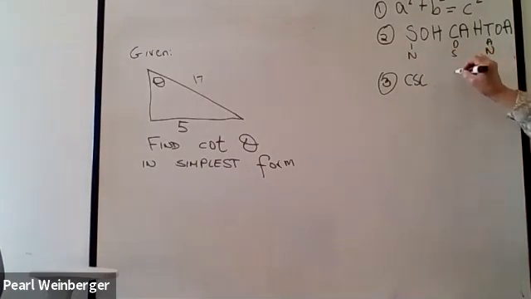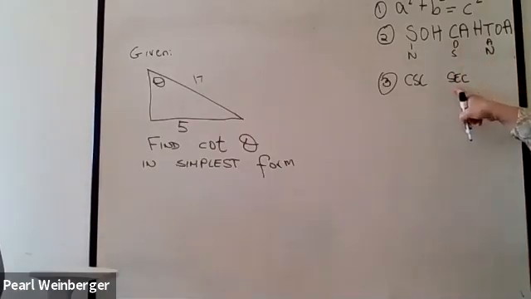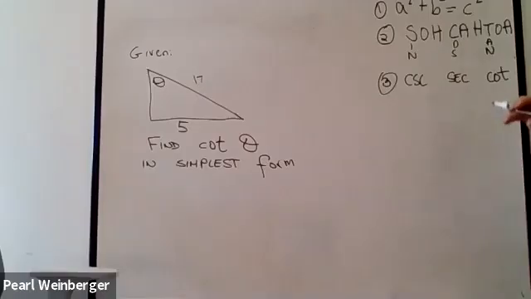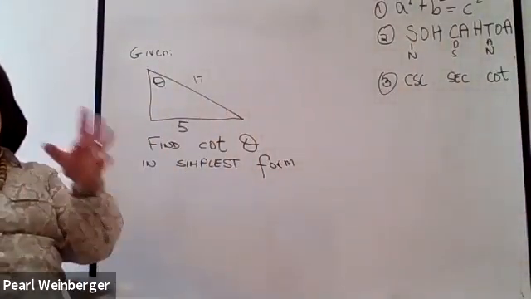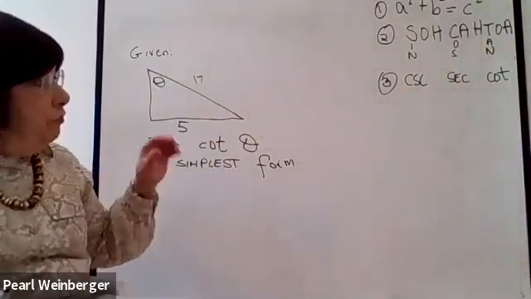There's the secant, which is the reciprocal of the cosine. And there's the cotangent, which is the reciprocal of the tangent. Basically, those are the three major pieces of information you need to know for trigonometry.